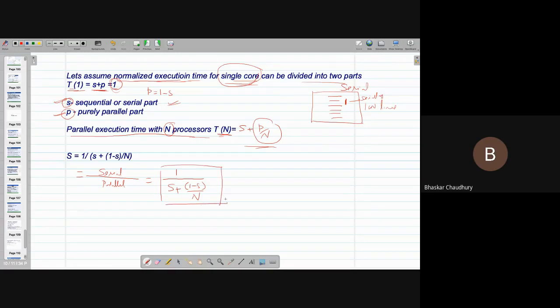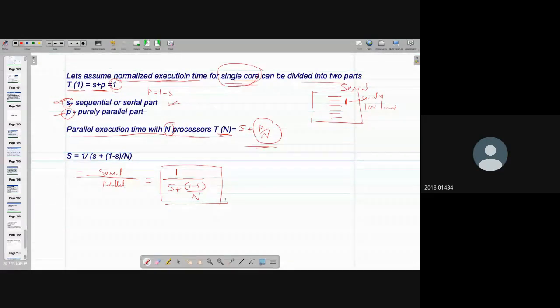Now, can you conclude something from here? Yes, even with an infinite number of processors, we cannot get infinite speed up. Yes, that's another way to interpret it. But the important message is, the speed up is determined by what?